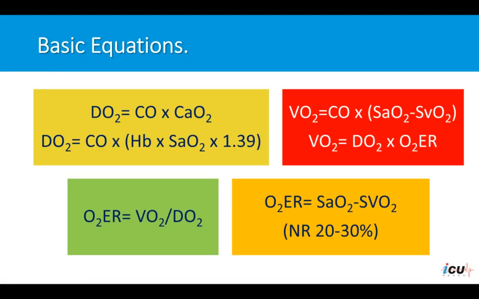There are a few basic equations that you need to know, essentially those for the oxygen delivery, the oxygen consumption, and then the oxygen extraction ratio, with a simplified equation that uses the difference between oxygen saturation at the arterial side and the venous side.